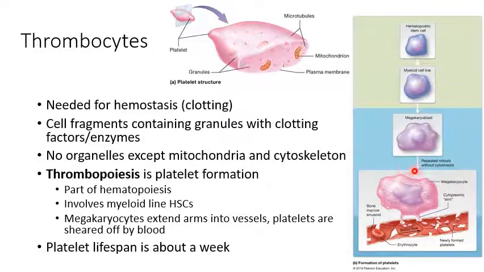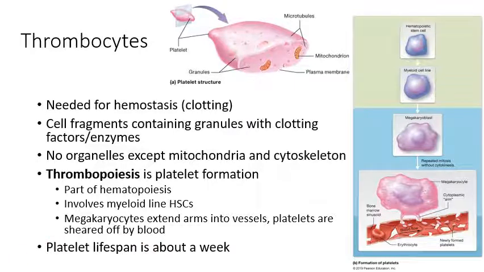So you again don't need to know the details of this, just know megakaryocytes are the cells that are directly forming platelets, and that hematopoietic stem cells are where it all starts. And then that these megakaryocytes are forming platelets by extending their arms into the capillary, and then the platelets get broken off of the arms.